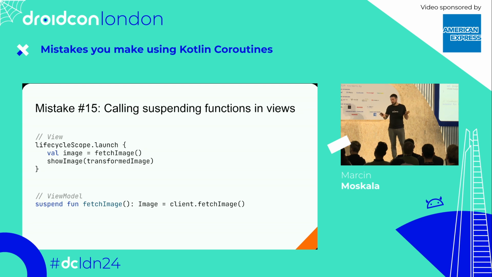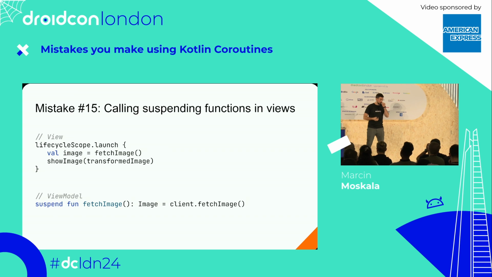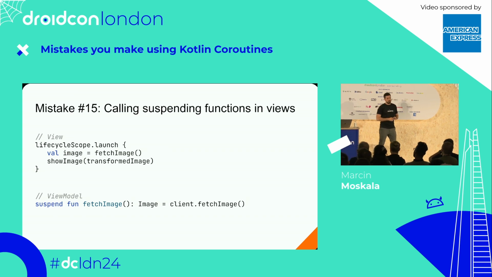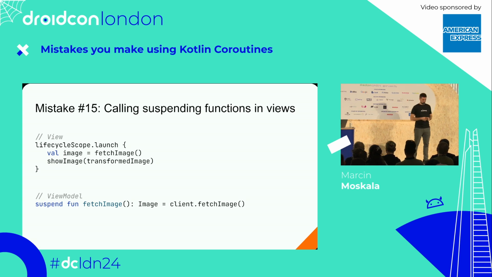I mean, flow is fine in most cases. Here is a very simple and clear example. Imagine that you have a view that wants to fetch an image, and it is using a suspending function from the view model. If it succeeds, everything will be fine.